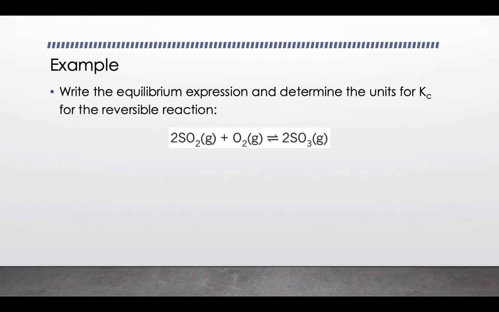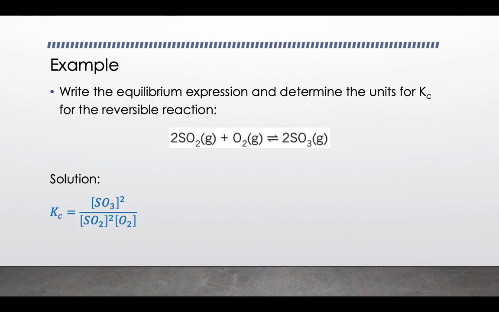In this case, write the equilibrium expression and determine the unit for Kc for this reversible reaction. The expression for Kc is exactly the same as for Qc. It is the multiplication of the concentration of all the products to the power of their coefficients over the multiplication of the concentration of the reactants to the power of their coefficients.